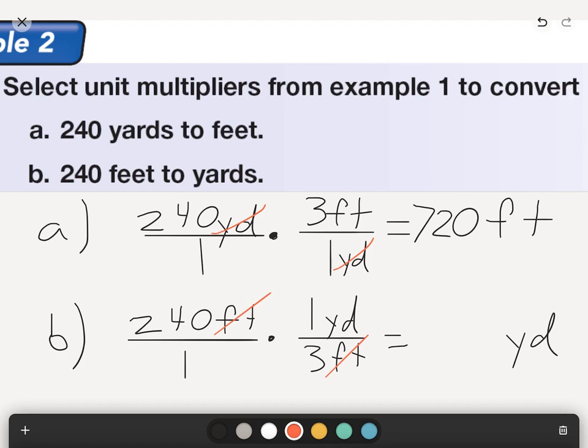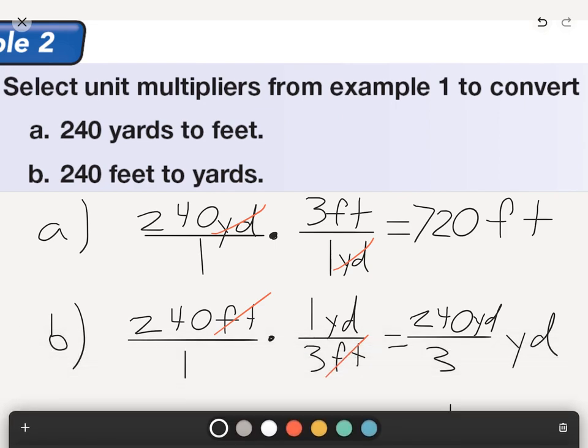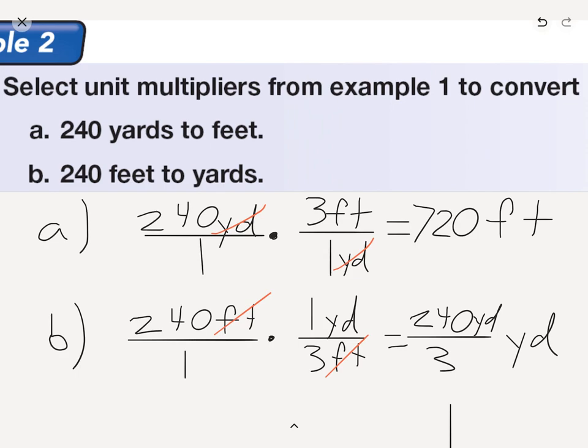I'm running out of space here. So bringing this across, 240 times 1 yard gets me 240 yards. 1 times 3 is 3. I am not done yet, but I have run out of space.